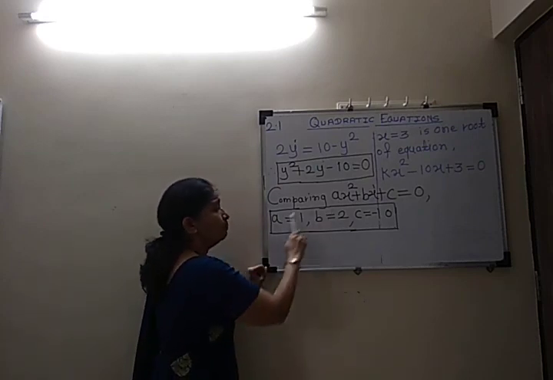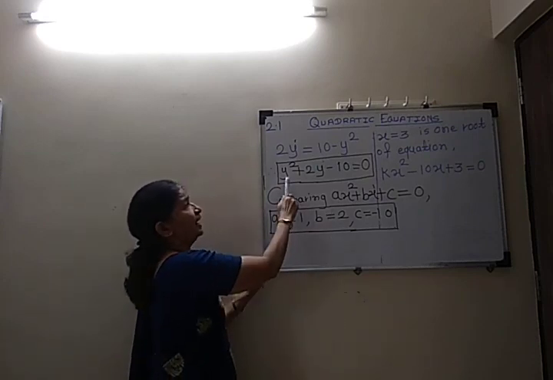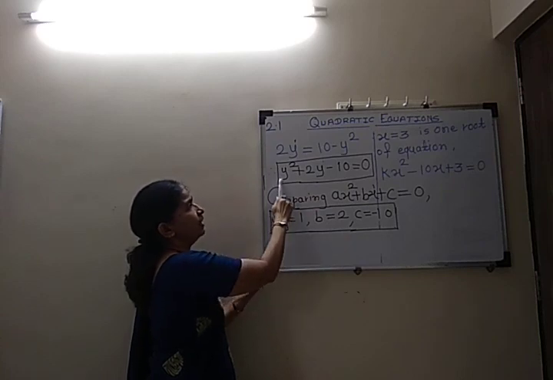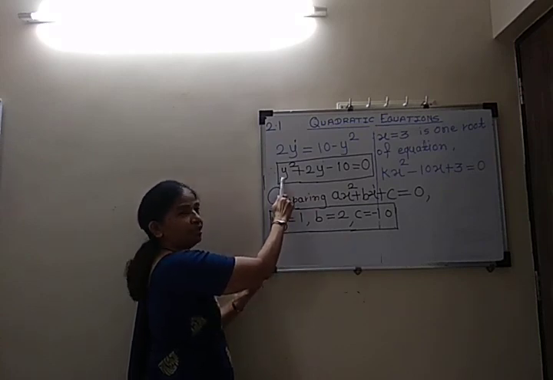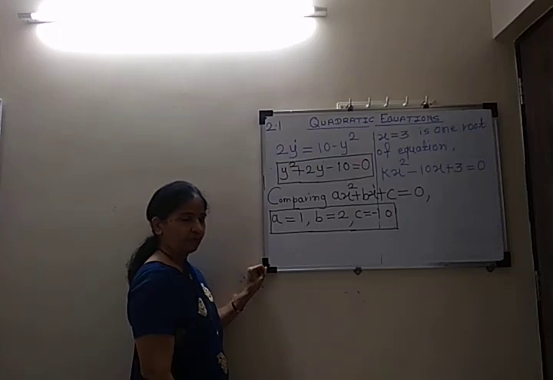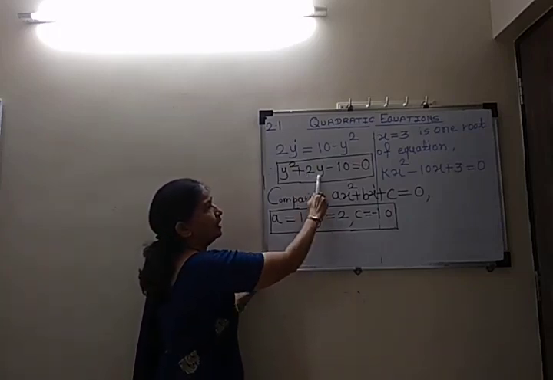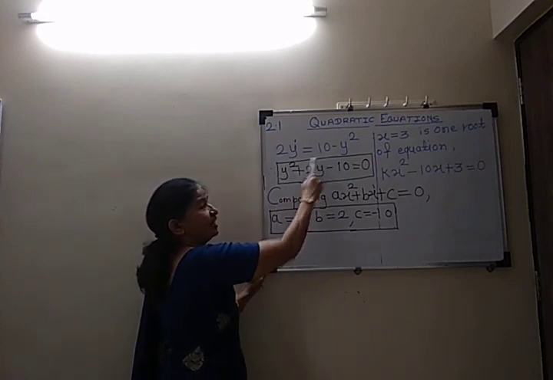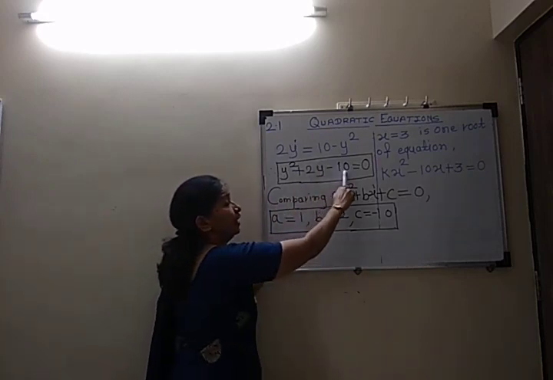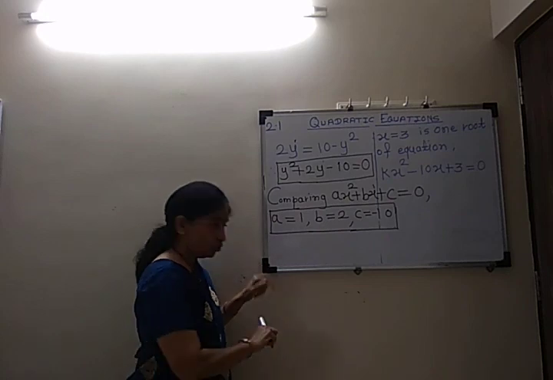And then compare: a will be the coefficient of the square term, b will be the coefficient of the middle term, that of which index is 1, and c is constant.